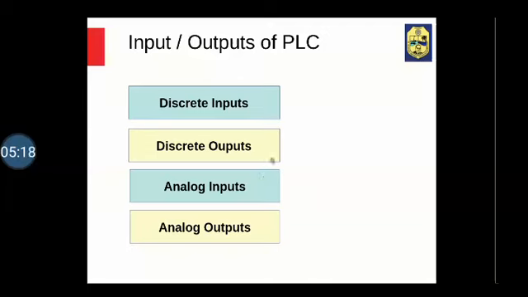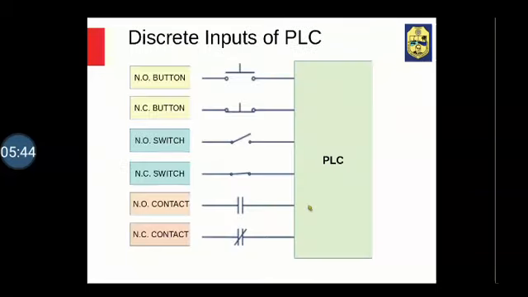Now looking at the IOs of PLCs, the input output devices can be either discrete state or in continuous or analog state. So discrete means the system which has only two states, on and off, high and low, just like binary system. So we'll see one by one discrete input systems for PLCs.